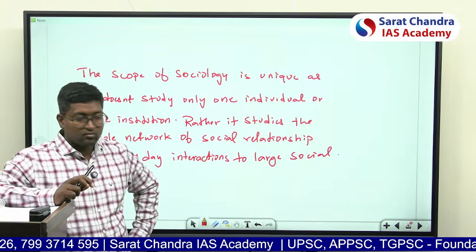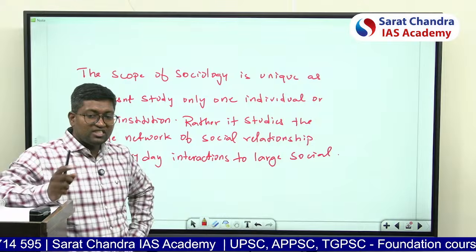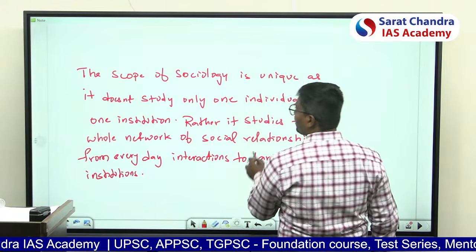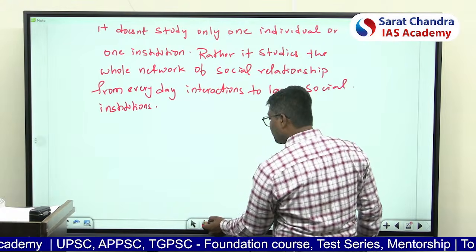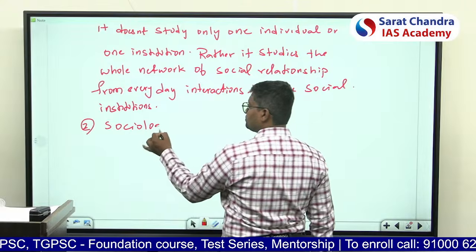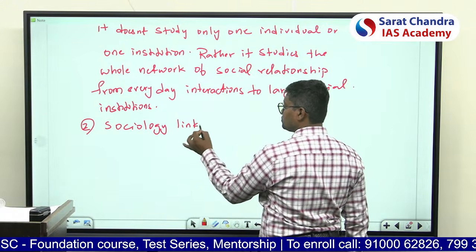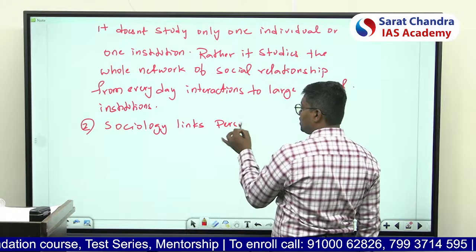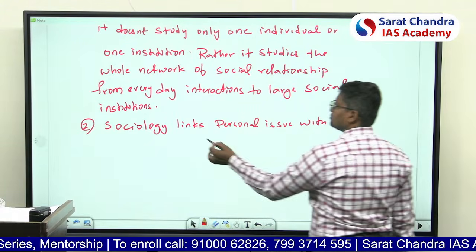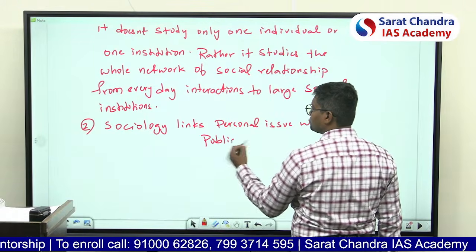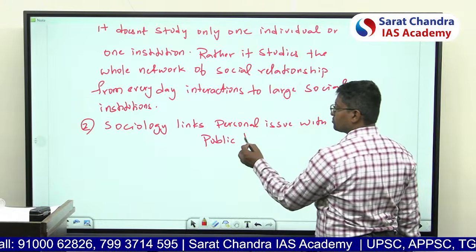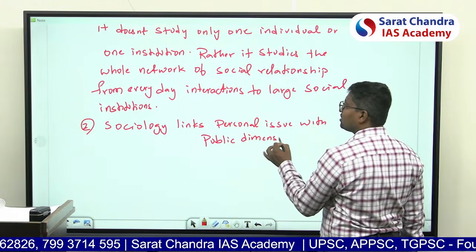Next point, why it is unique. No one has talked about this point when talking about why sociology is unique. Second point, sociology links personal issues with the public dimension. Yes or no?